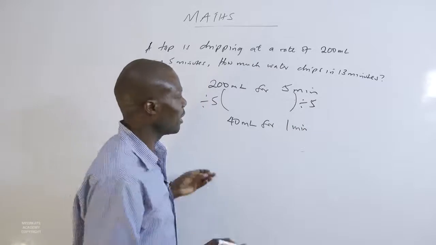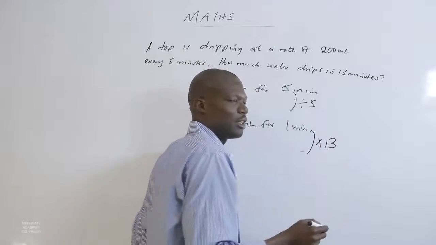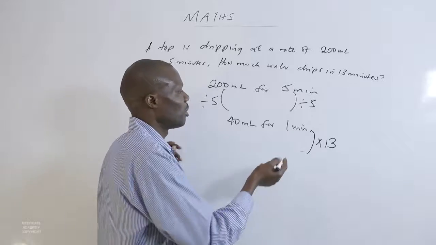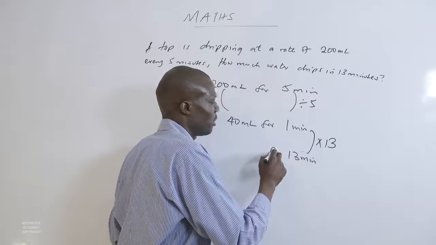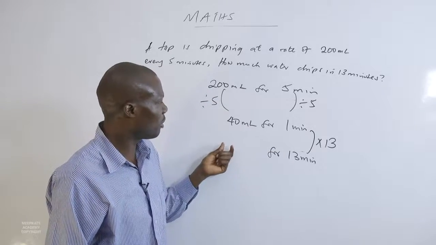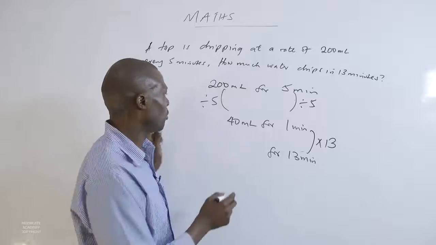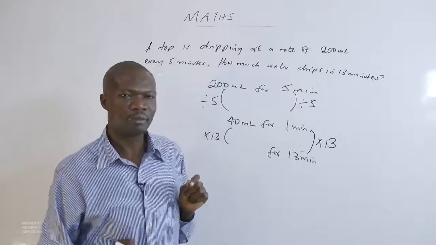Then they are asking us, how about if it was 13 minutes? Because it is unitary, multiply by 13 to get 13 minutes. So it will be 40 multiplied by 13.